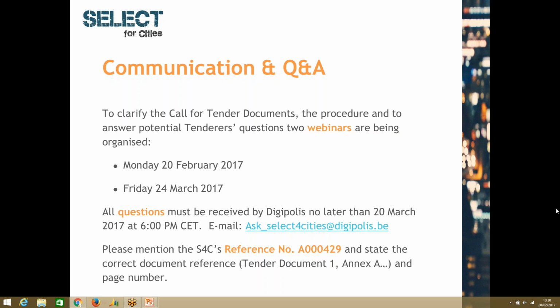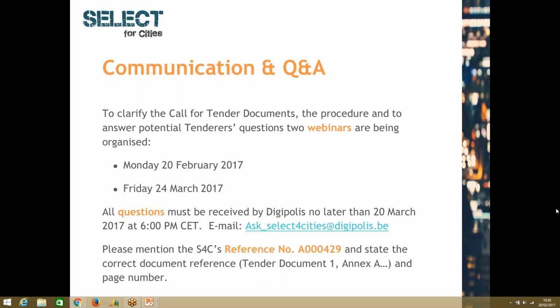Next question. If a tender is accepted, at which stage is the funding provided, before or after the commencement of the phase? That is also in tender document 1. We have a payment schedule there, and it differs phase per phase. It's based on the duration of the phase and on the deliverables that will have to be delivered during the phase.